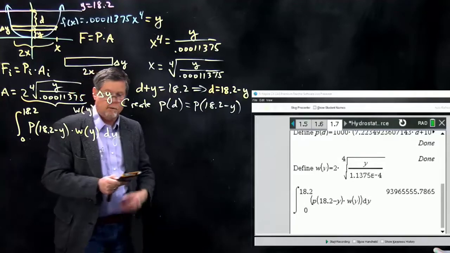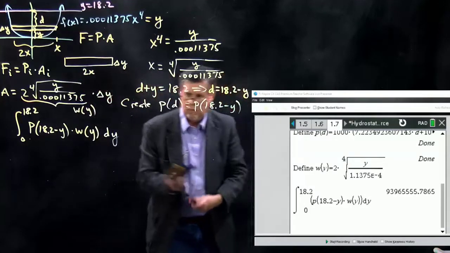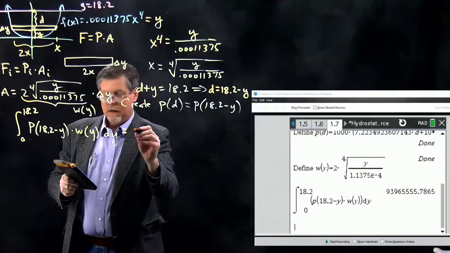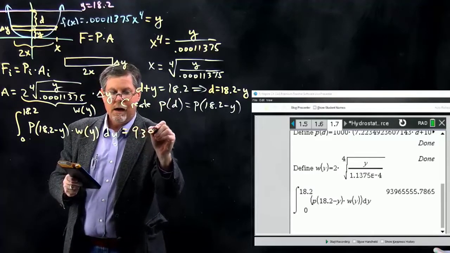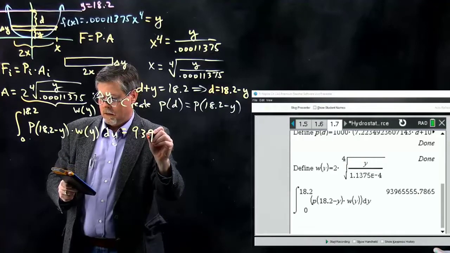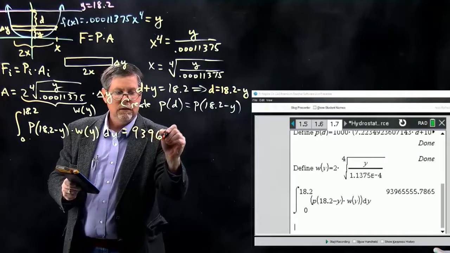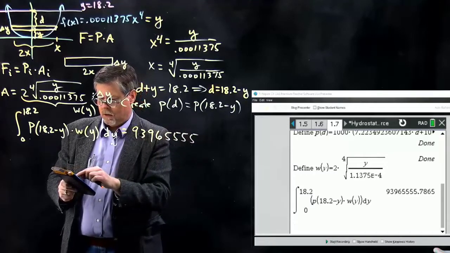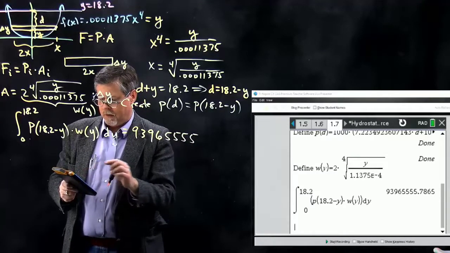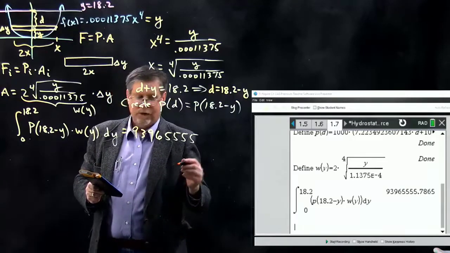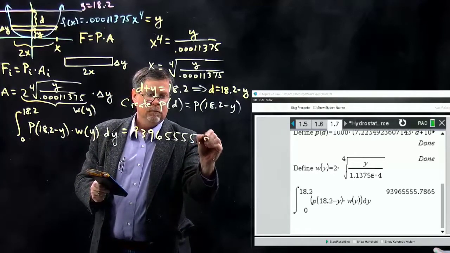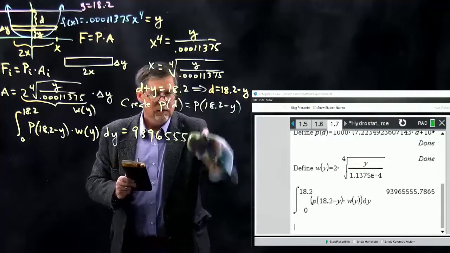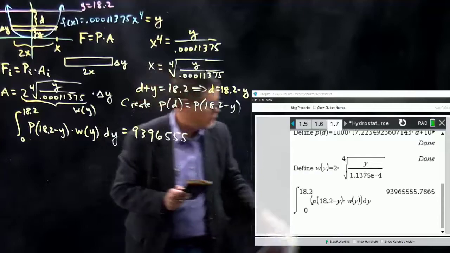And what I get is 9396555, let's say 0.8. There's no need to keep that many digits, so let's change this 5 to a 6.